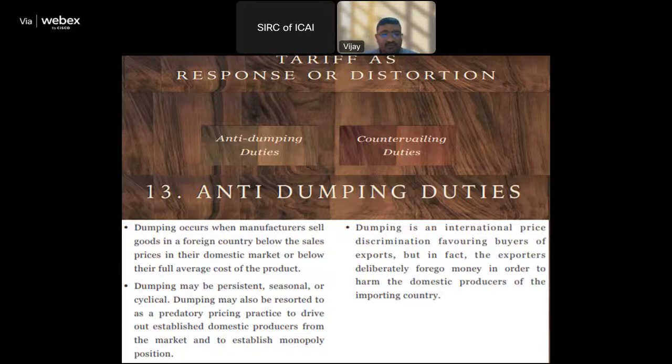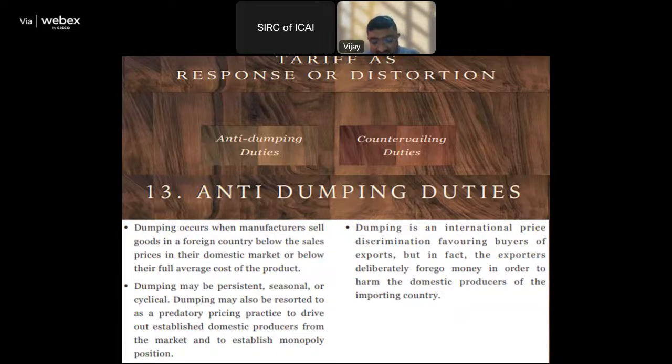Anti-dumping duty. Sir, now in order to avoid the excess supply of goods in the nation, I will dump this excess supply in another nation. Sir, in order to overcome the distortion in the market of one nation, they will dump the goods in another nation.